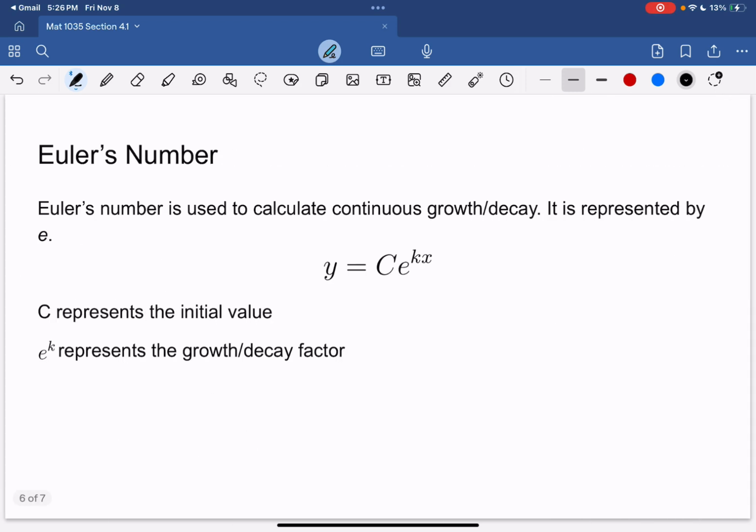All right, so something that we're going to use a lot is continuous growth and decay, and it has its place in finance, and we'll talk about it. But in our generic form of y is equal to c a to the x, we are limited on our time intervals because we can only plug in what would be referred to as discrete values.